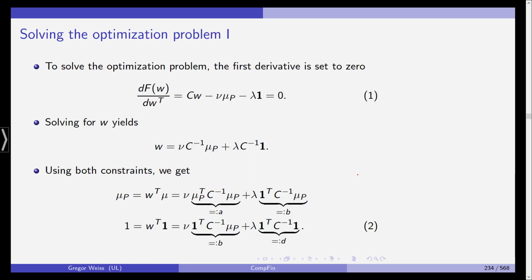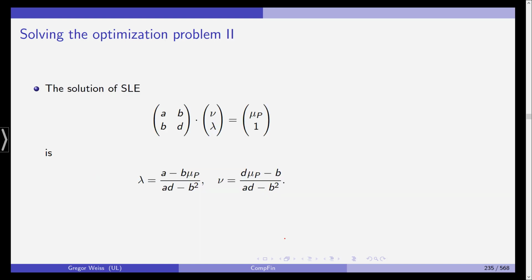Now to solve this, we need to set the first derivatives to 0. And if we solve for the weights, this yields this expression. Using both constraints, we get this. Let's call this A, B, B, and D. We don't need to do this in detail. This is simple algebra. And we get a system of linear equations.